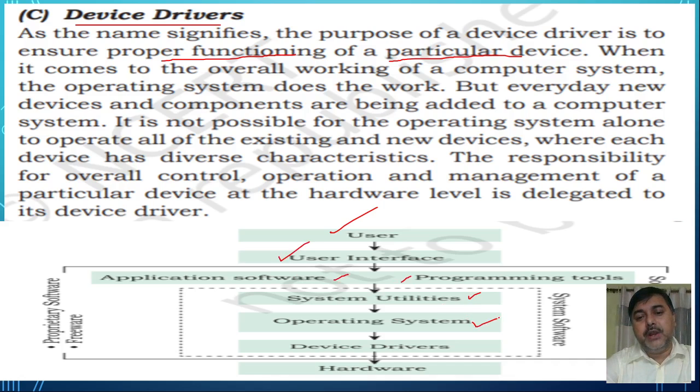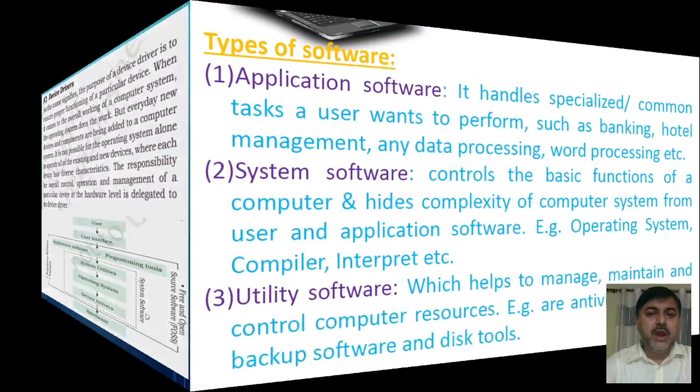The operating system should be there, device processing is there, and hardware should be there. So maintaining all these parts, we can do the particular work and find how the particular work can be operated. Okay, so this is how we can find that we are having this.